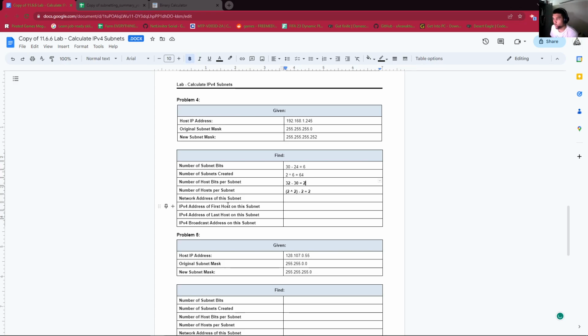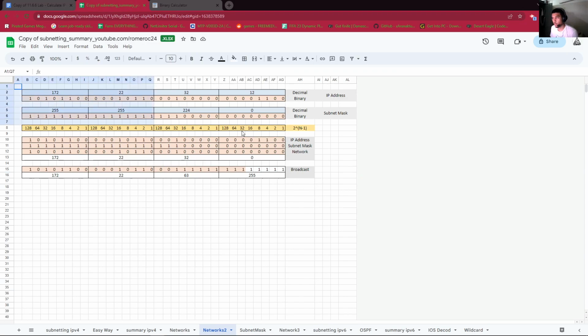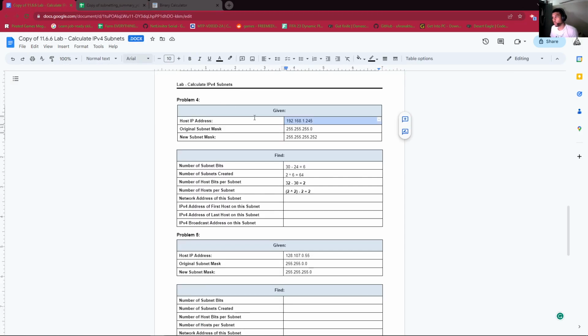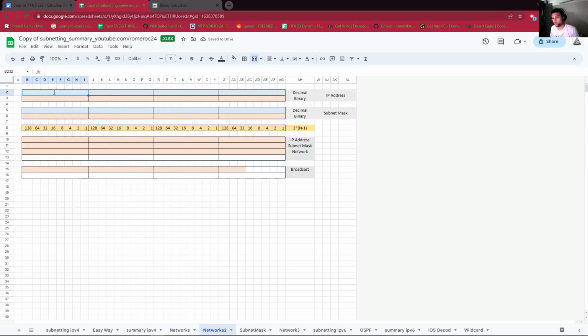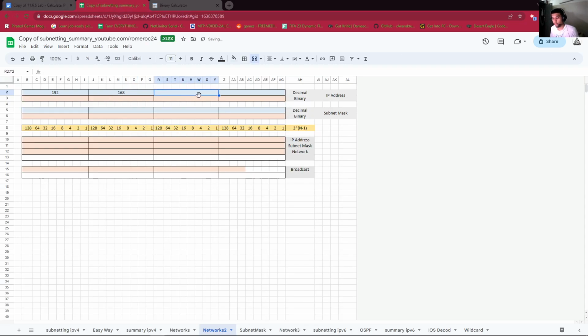For the network address of this subnet, we need to take the host IP address and put it right here. Clear this one first. So we have 192.168.1.245, and then we need to change it into binary.